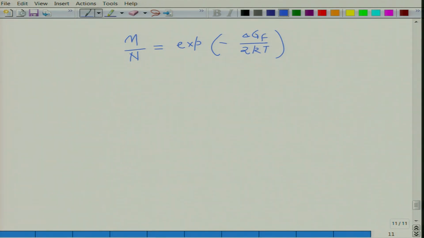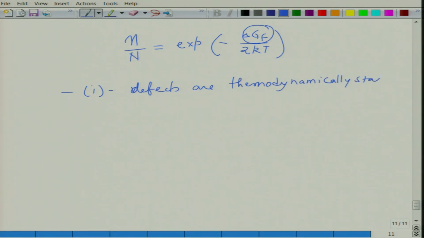So, this is what it works out to, that there is an equilibrium vacancy concentration which is proportional to exponential of minus delta Gf. So, basically what it says is that, one, defects are thermodynamically stable at T greater than 0 Kelvin.